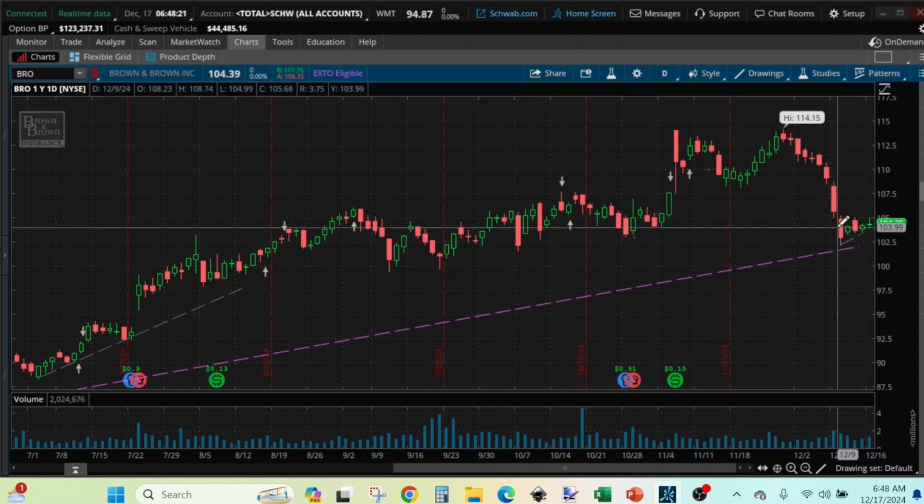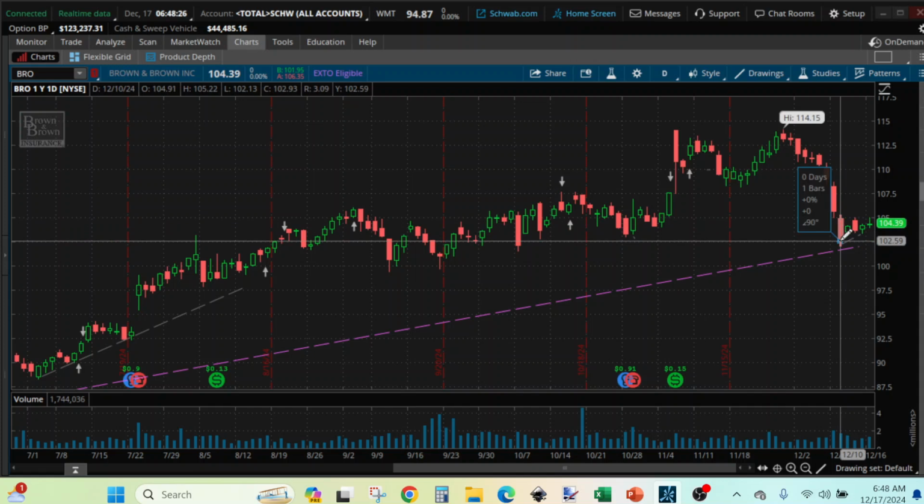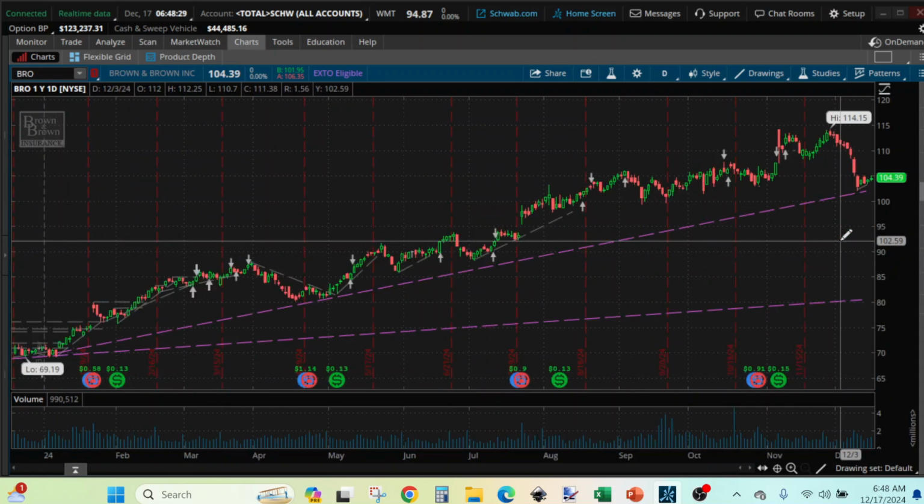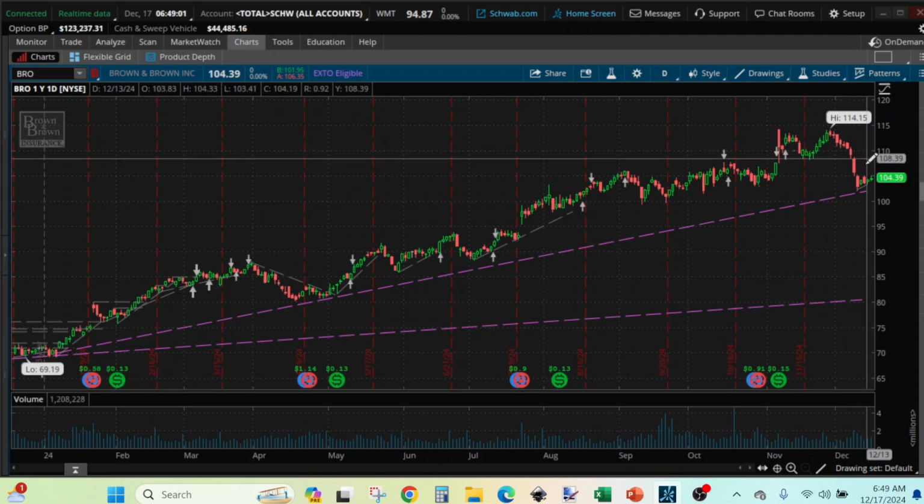A red bar is a pullback of the day, meaning the price at which the first trade happened for that stock when the markets open, and the price at which the last trade happened when the markets close. If the ending price is lower than the morning first price, you will see a red price bar.